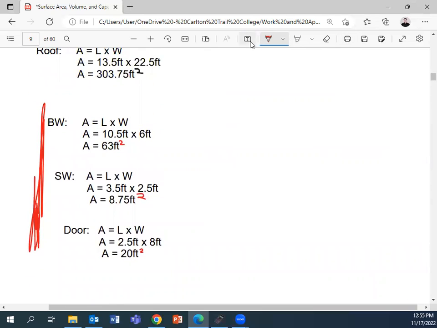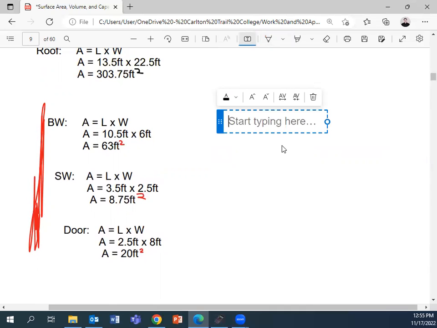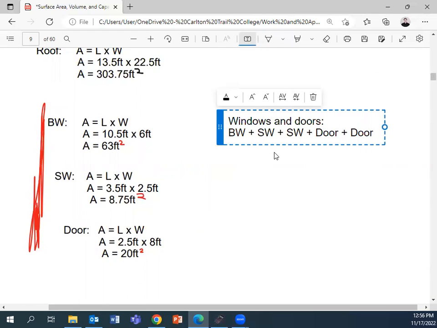So there is one big window, two small windows, and two doors, right? Does it make sense where I've gotten these from?